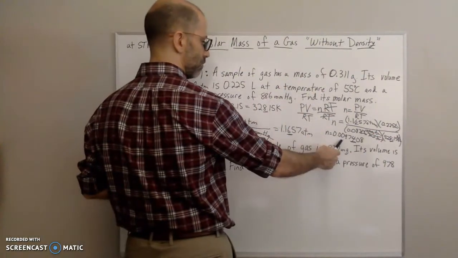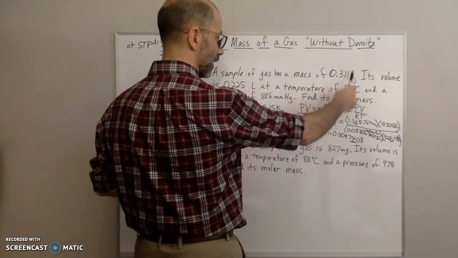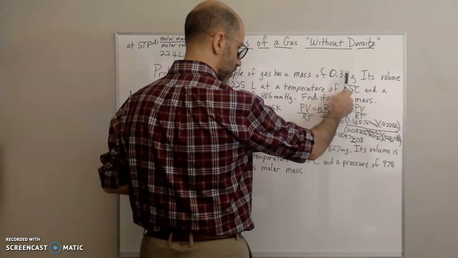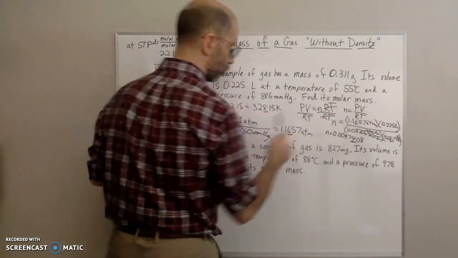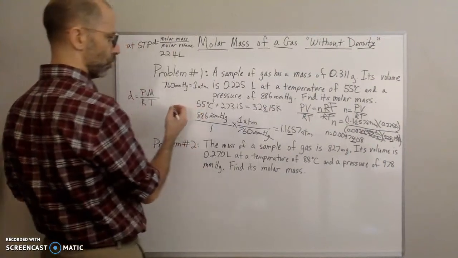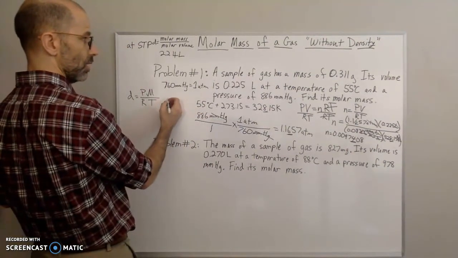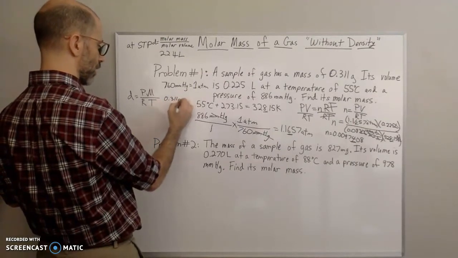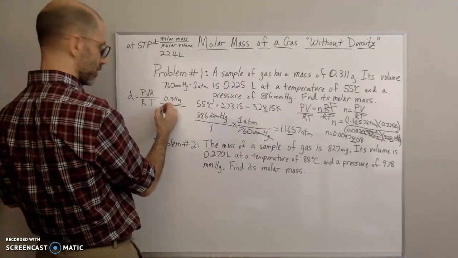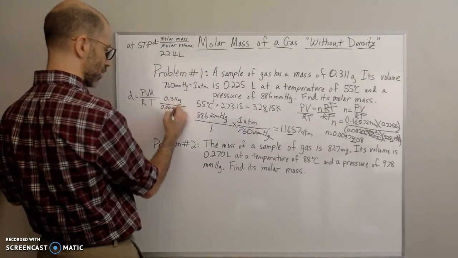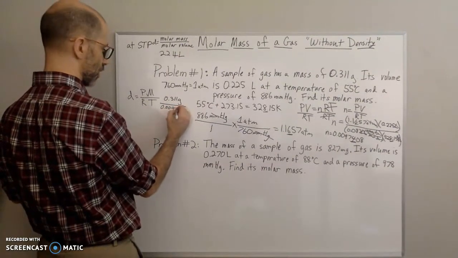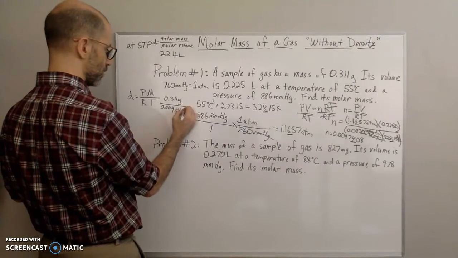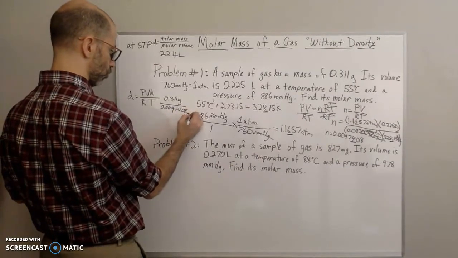So now that I have moles, they gave me mass, so I divide the mass by the moles to get the molar mass. So let me do it over here where I have room. So I have 0.311 grams divided by 0.0097408 moles.